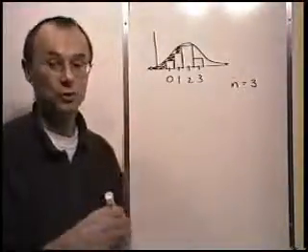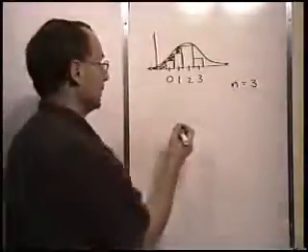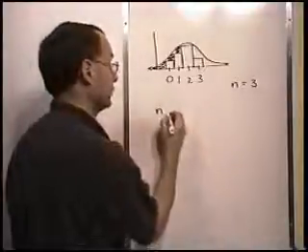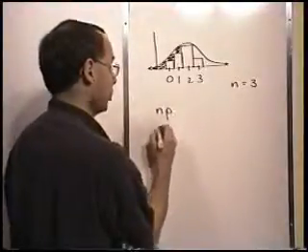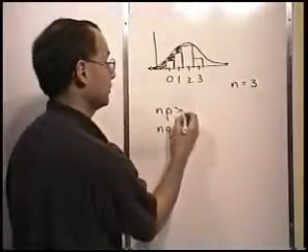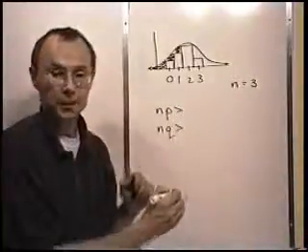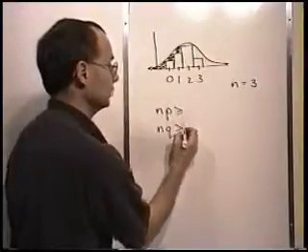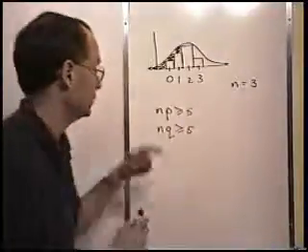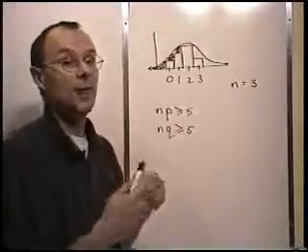So here's the golden rule. The golden rule is, if the number of trials times p and the number of trials times q are both greater than 5 (some books use 10, but I've also seen books using greater than or equal to 5), that's kind of the cutoff.